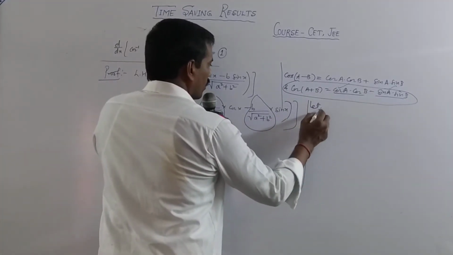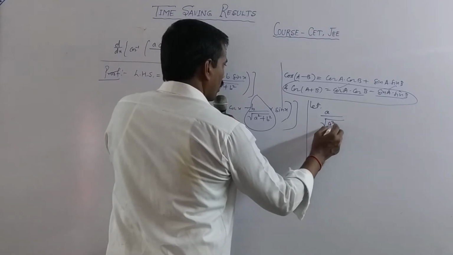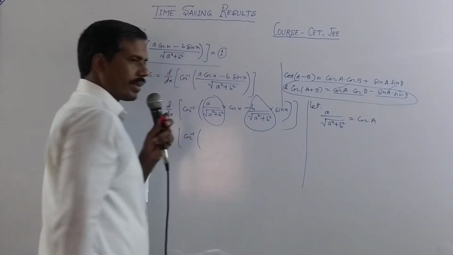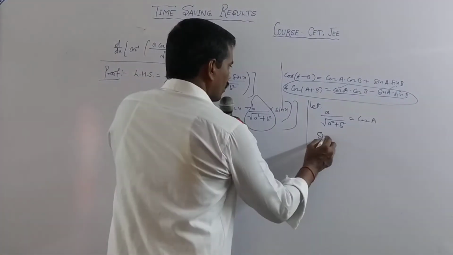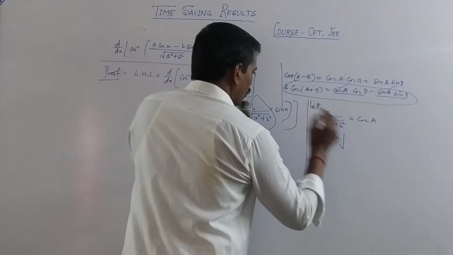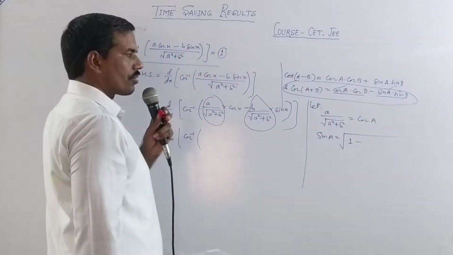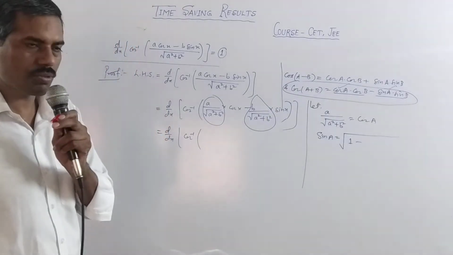Let a upon under root of a square plus b square be equal to cos A. Then sin A is equal to under root of 1 minus cos square A. Cos A is a upon under root a square plus b square.